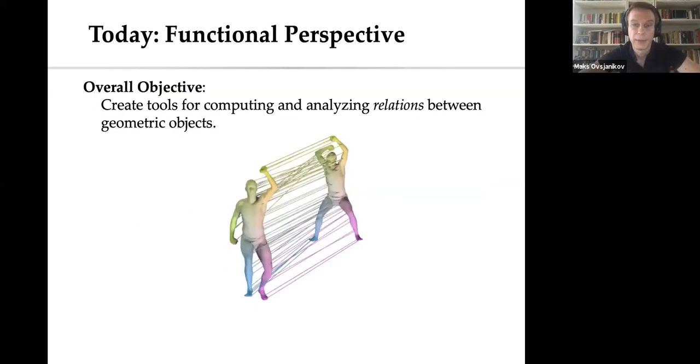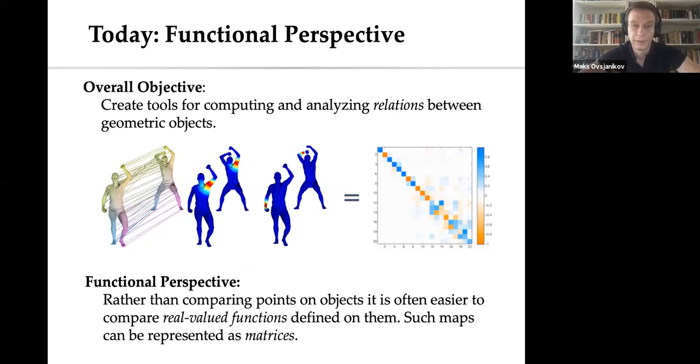For today, I wanted to focus on one particular problem, which has been at the heart of a lot of my research, which is shape correspondence. It's really summarized in a single image like this. The problem is, given a pair of shapes that are maybe non-rigid, so they have some arbitrary deformation, to find correspondences or relations between them. The functional perspective that I would like to emphasize in my presentation is that, rather than comparing points on objects, so finding correspondences between points, it is often easier to compare real valued functions.